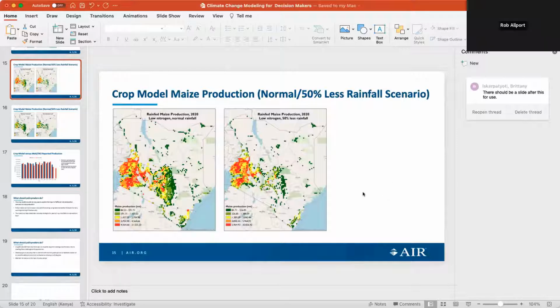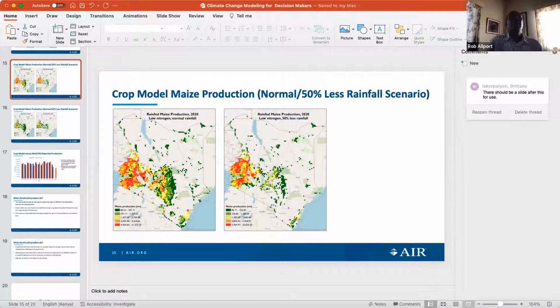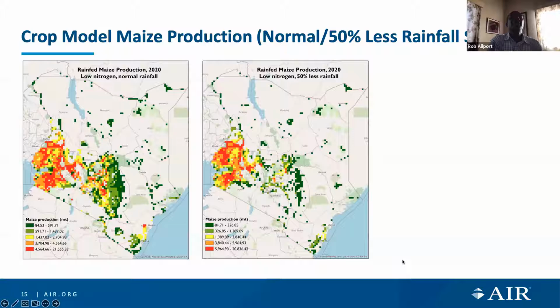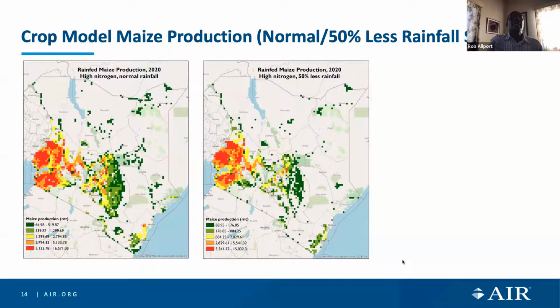The crop model that we are using is a DSSAT model that is well known across the world by many people who have used it, and it uses what I explained about the weather and the soil parameters.